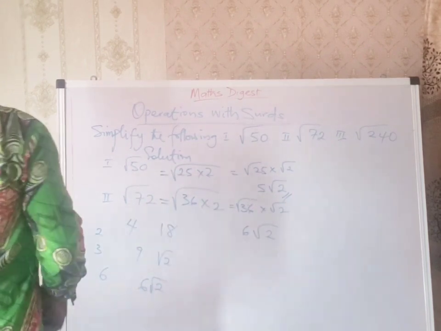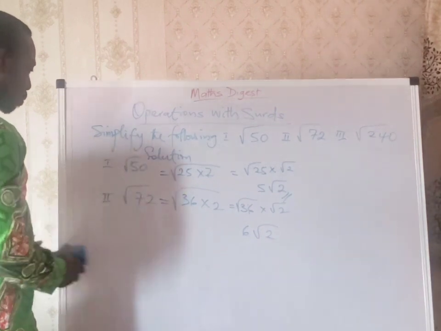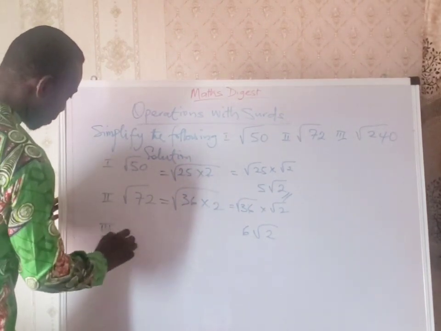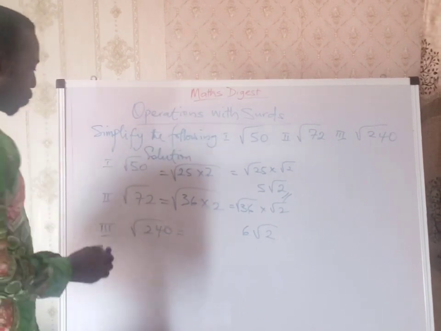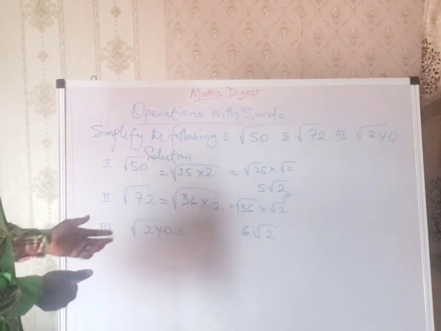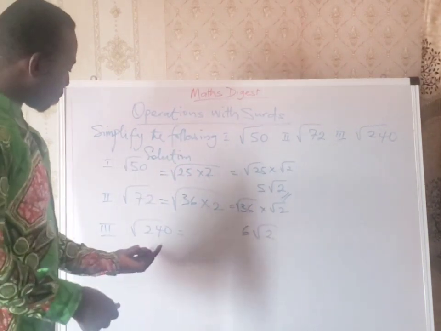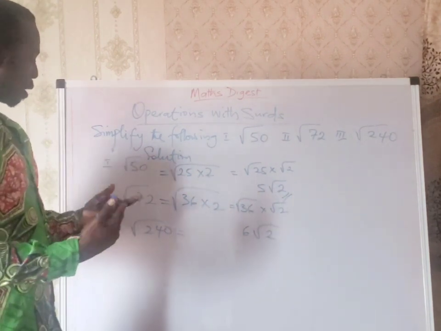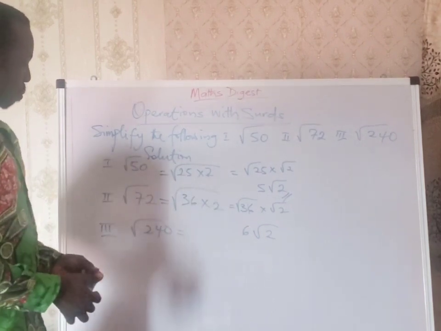Now, let's take the third example. The third example is quite a big number. We have root 240. Okay, now root 240, going by what we explained earlier, let's assume I don't even know my multiplication table or factors much.